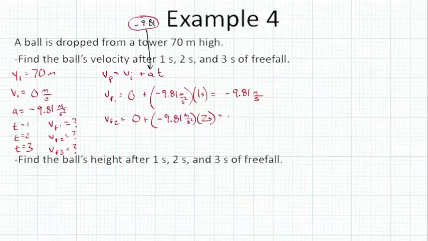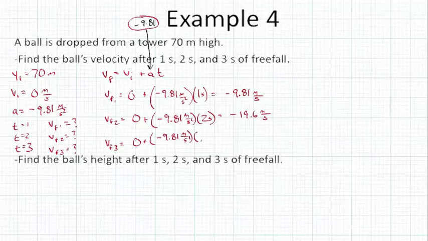That gives us negative 19.6 meters per second after 2 seconds. And our velocity after 3 seconds is going to be 0 plus negative 9.81 meters per second squared times 3 seconds. And you can probably figure out what this will be as well. It's going to be negative 29.4 meters per second.